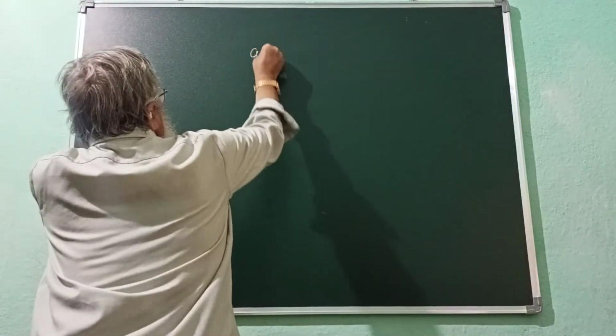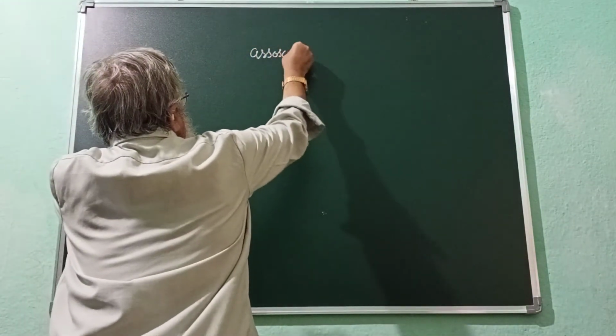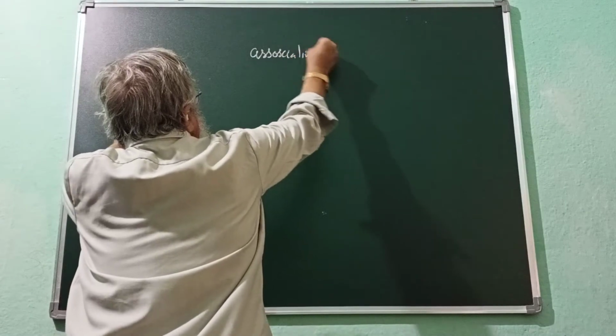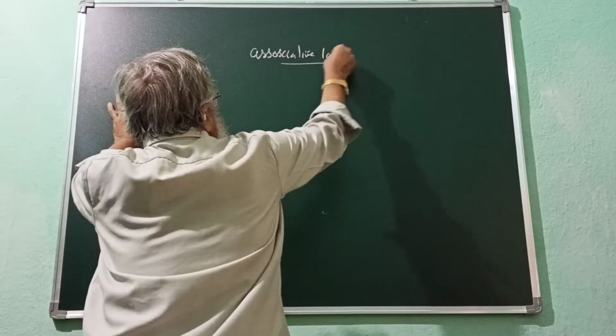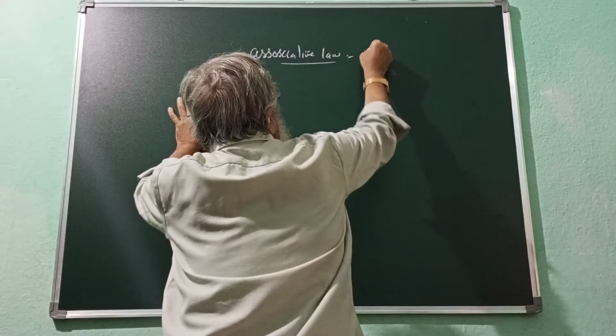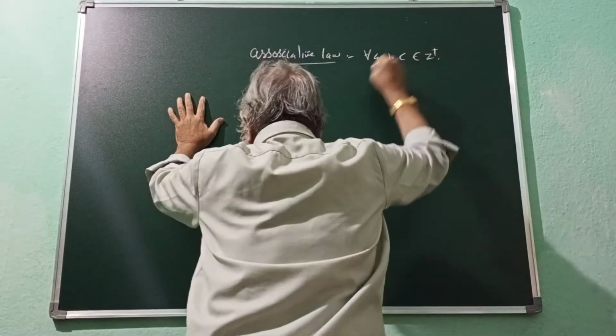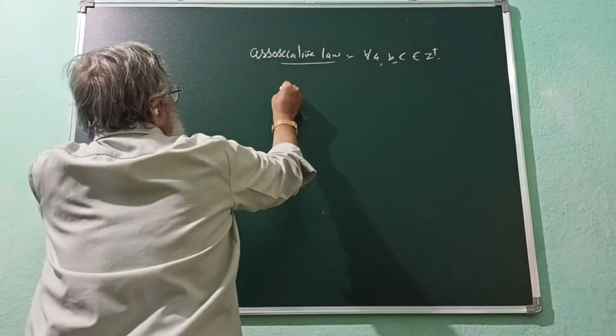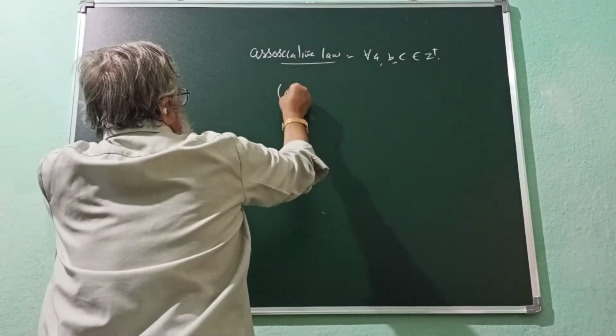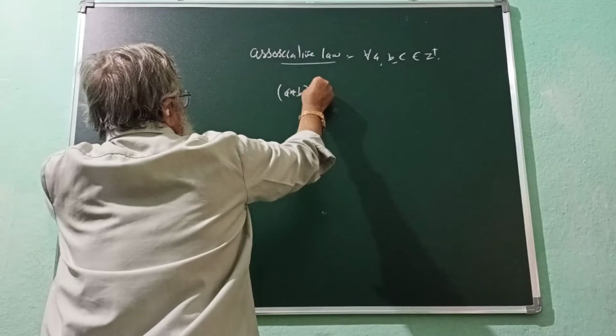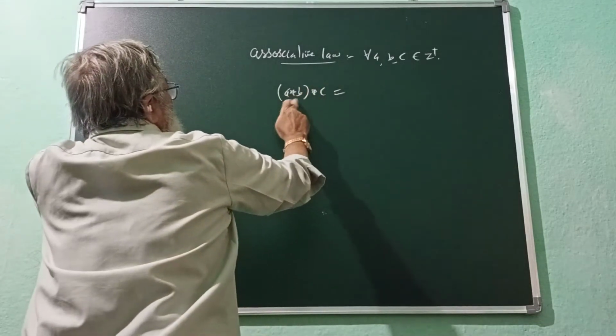Now, associative law. For every A, B, C belongs to Z plus, associative law is given by, let us take the first, the left hand side, (A star B) star C. How do you operate on this?